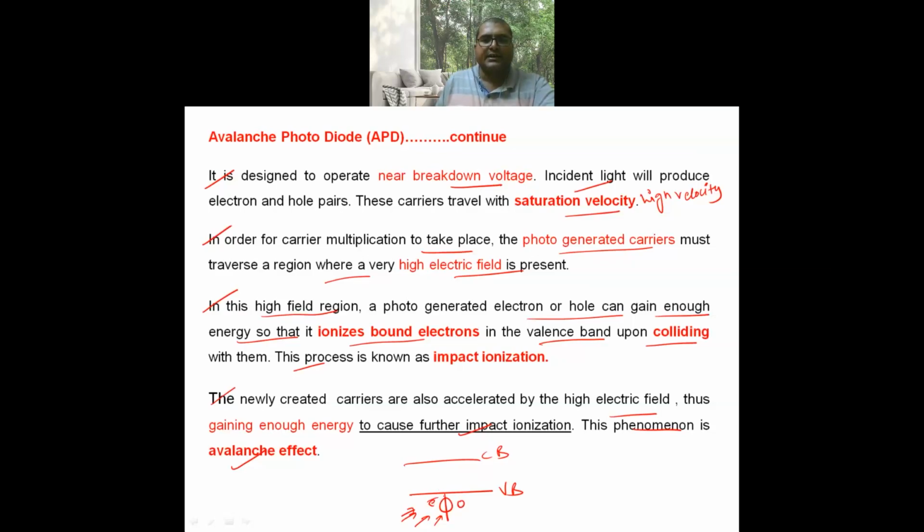The generated electrons acquire saturation velocity and collide with other atoms to generate electron hole pairs, and once again the generated electrons acquire high energy and collide with other atoms. Here the generation of electron hole pairs is called impact ionization, and the carrier multiplication process is called the avalanche mechanism.